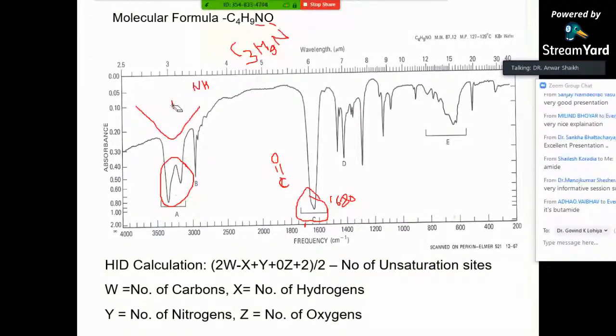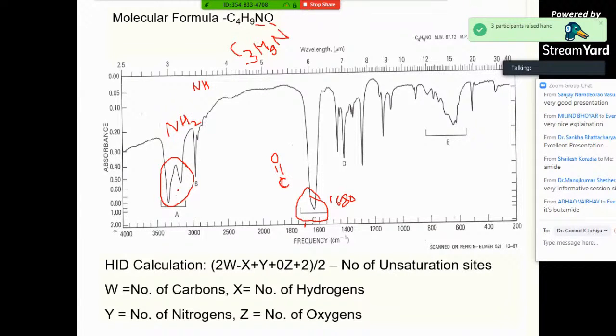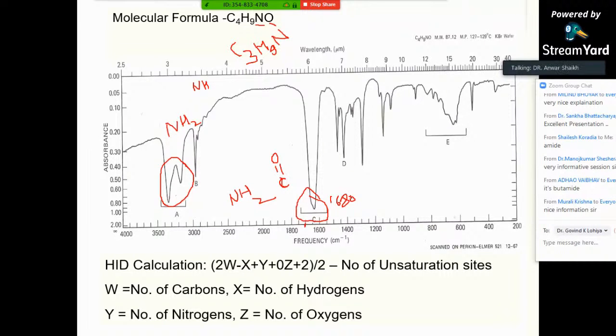You can recall what that is. I told you it is NH2, because of symmetrical and asymmetrical stretching. So we got another fragment of this molecule, NH2.